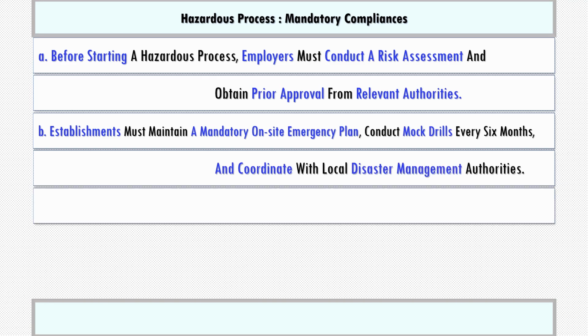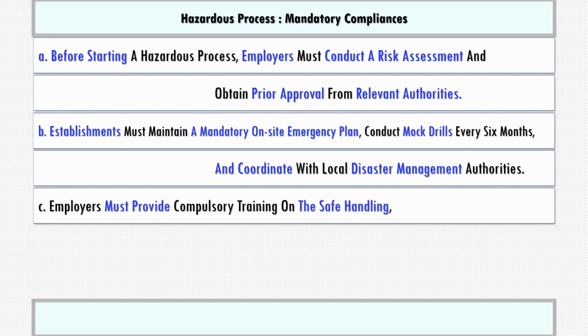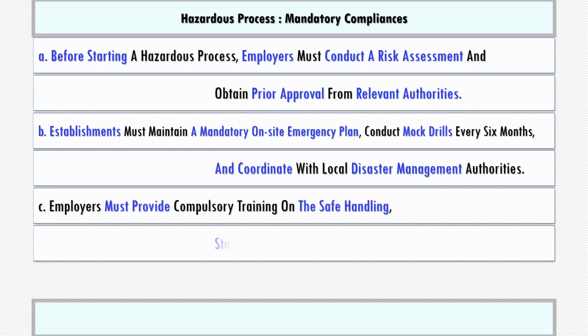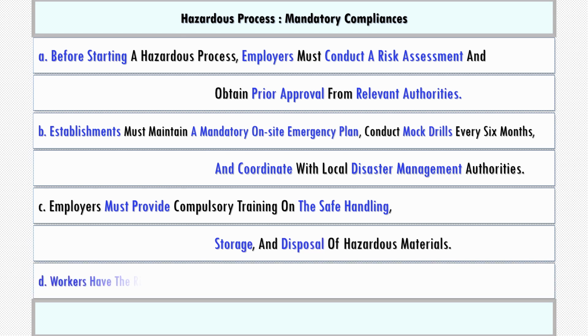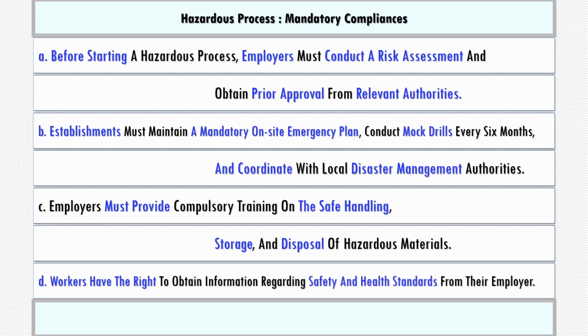The employers must also provide compulsory training on the safe handling, storage, and disposal of hazardous materials. The workers have a right to obtain information regarding safety and health standards from their employer.